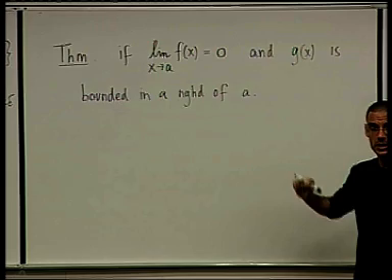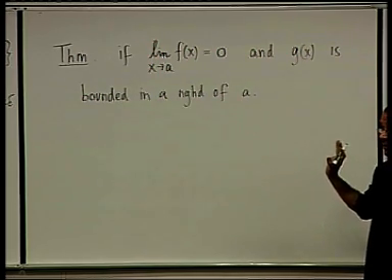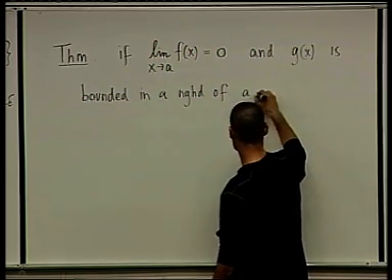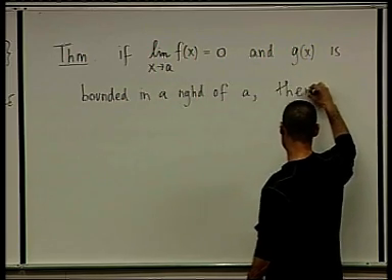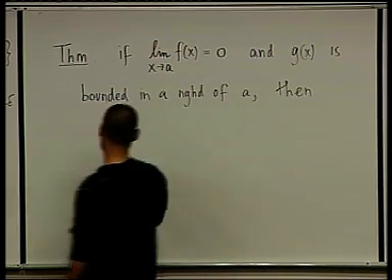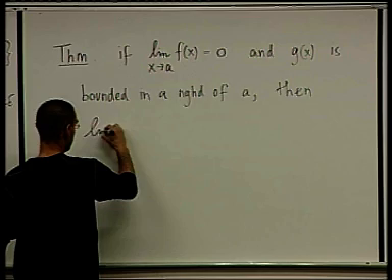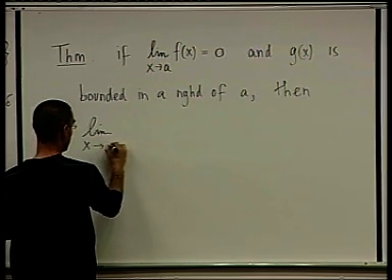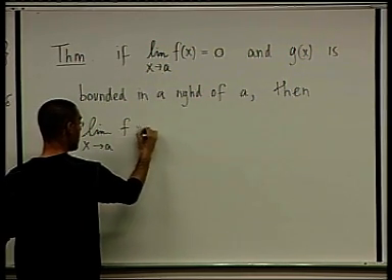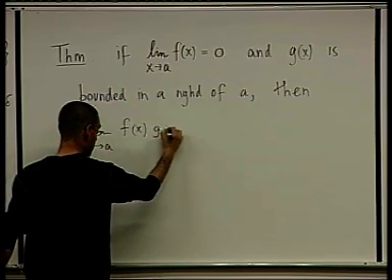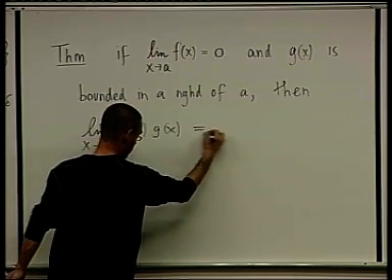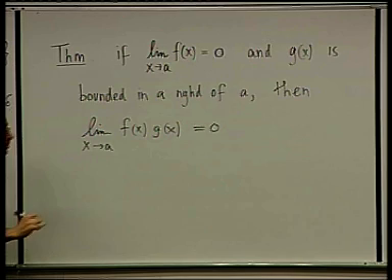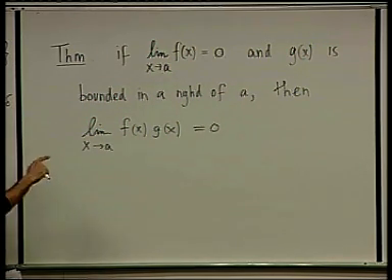One has a limit and it's 0. The other one is just bounded. Then, and the statement of the theorem is, the limit, as x goes to A, of f of x times g of x is also 0. Okay, the limit of the product is also 0.